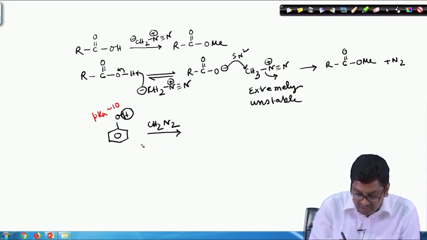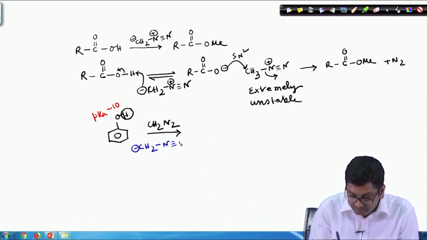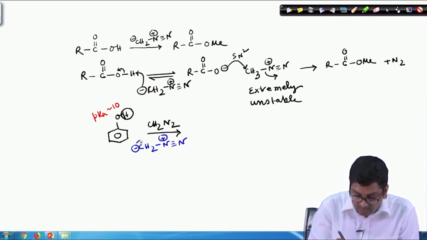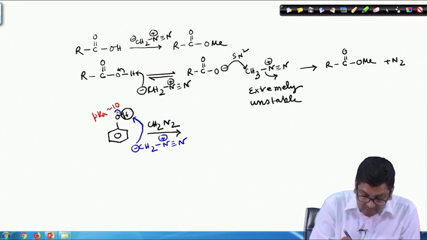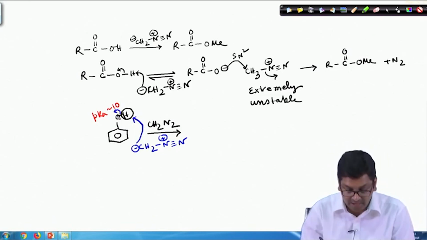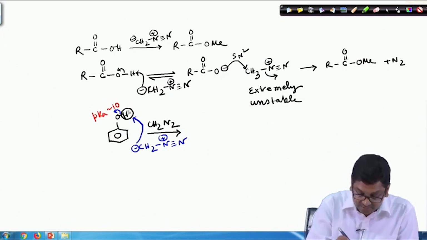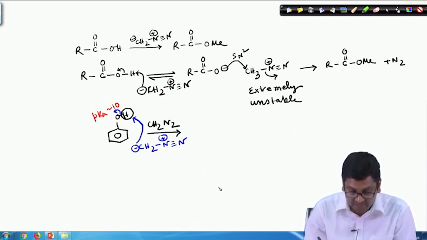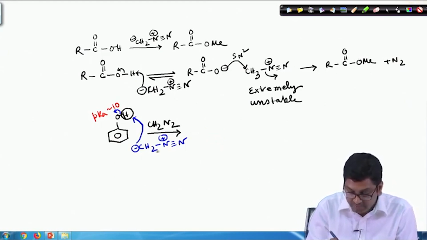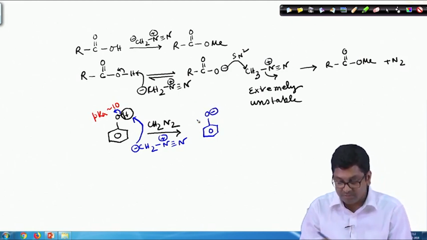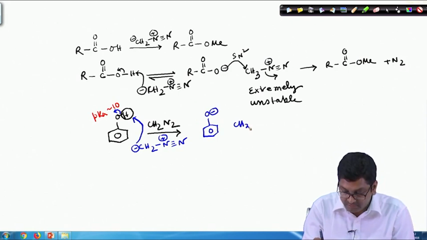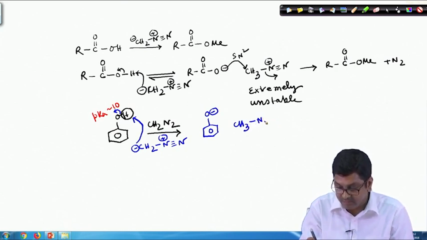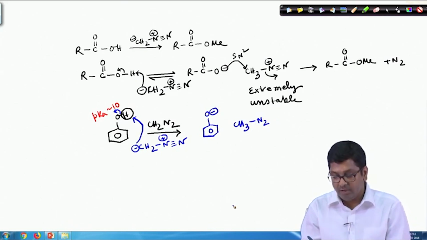That means, here also you can write like this, it can pick up this proton, because this phenolate anion is stable and this hydrogen is pretty acidic. So, it can pick up this one and generate the corresponding phenolate. Okay.